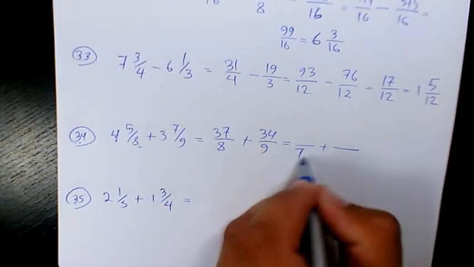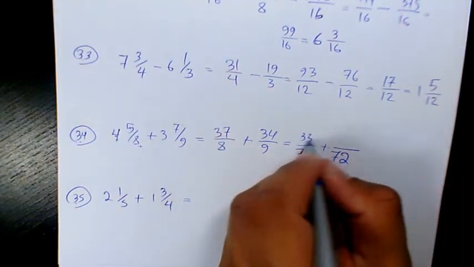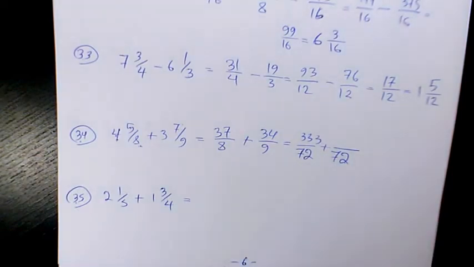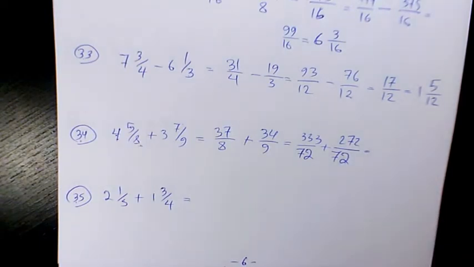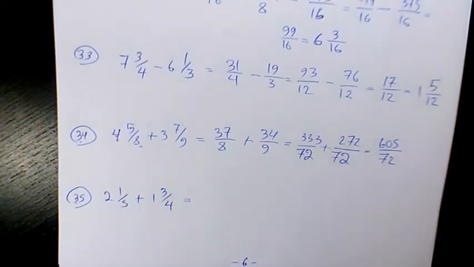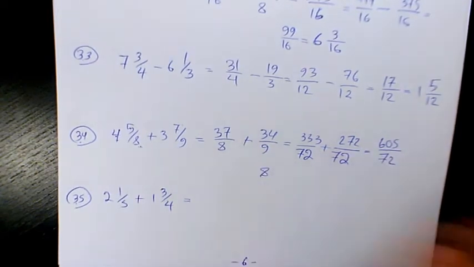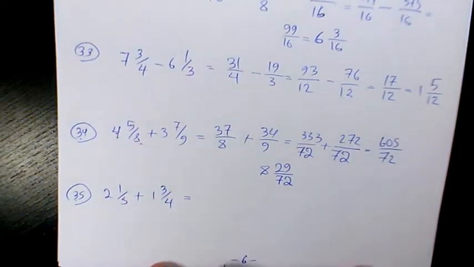The common denominator of these two is going to be 72. 37 times 9 is going to be 333. 34 times 8 is going to be 272. 272 plus 333 is going to be 605 over 72. 605 over 72 is going to be 8. 8 times 72 is 576. 605 minus 576 is going to be 29 over 72, and we cannot reduce it more than that.